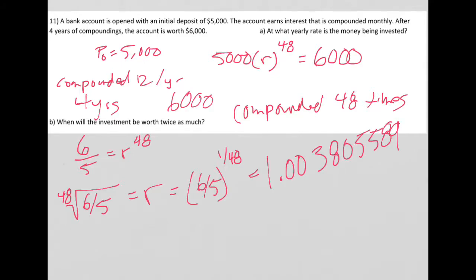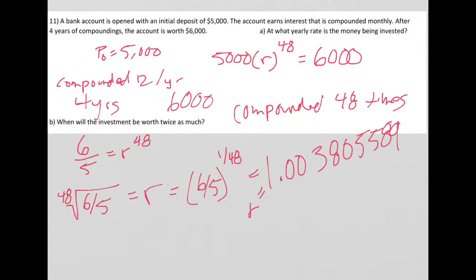So you do that, and you get 1.003805589, and I'm sure those decimals go on forever, but that's where your calculator stops reading them to you. But here's the deal. This is the r in our expression, but think about what our expression is telling us.